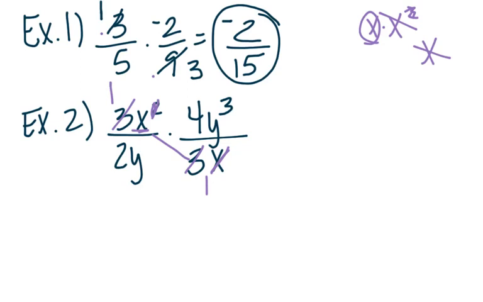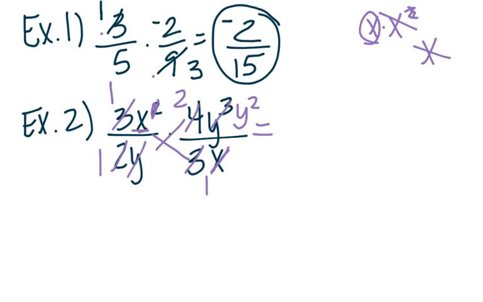Then we're going to cross cancel the other way. Going this way, this is going to give you 1, this is going to give you 2. This y cancels out completely, and this one changes to y squared. So that is canceling everything out. From there, we are going to multiply across.